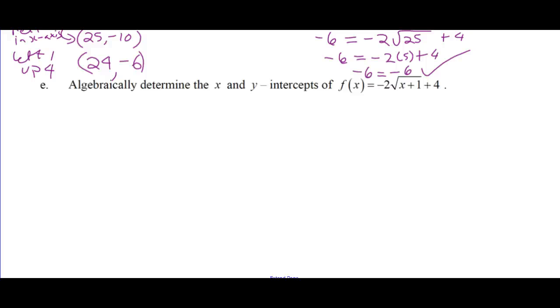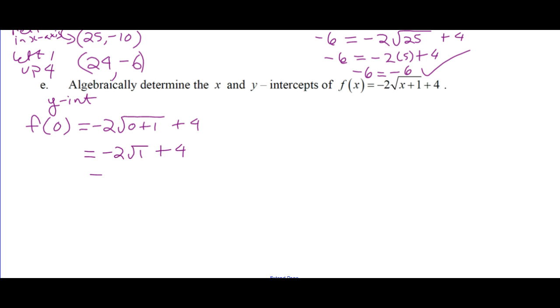Algebraically determine the x and the y intercepts. Okay, what's the easiest one to do? Y-intercept. So the y-intercept is f of 0. Right. Y-intercept occurs when x is 0. We're going to work out f of 0, which is negative 2 root 0 plus 1 plus 4, which is negative 2 root 1 plus 4, which is equal to, I mean, 2.